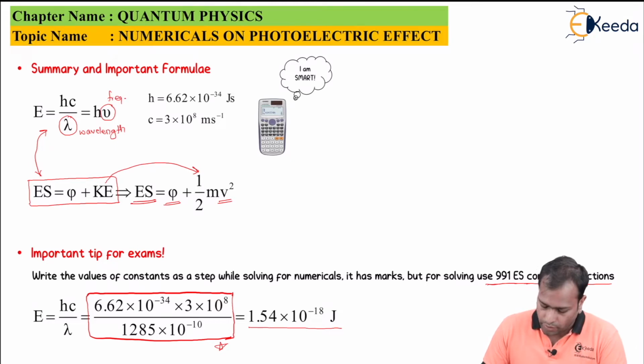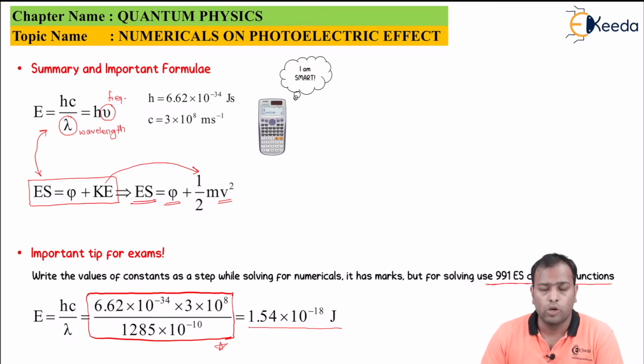Now, energy is expressed in joules in the SI system. But in quantum mechanics, we use electron volt. So let's understand how to convert joules into electron volt. This is the concept that you need to remember because most of the time your energy will be in electron volts, and wherever you are asked to solve for kinetic energy and velocity, you need to substitute the SI unit values.